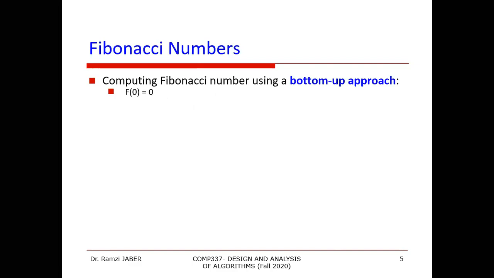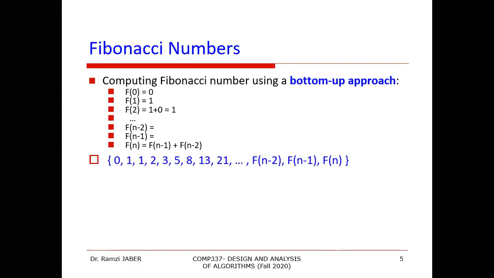If we compute Fibonacci numbers using a bottom-up approach, we will see it will be better. We start from the bottom up. We start from f0 equals 0, f1 equals 1, f2 equals 1 plus 0 equals 1, and so on to get the series. As you can see, if we use this bottom-up algorithm, the complexity will be order of n.